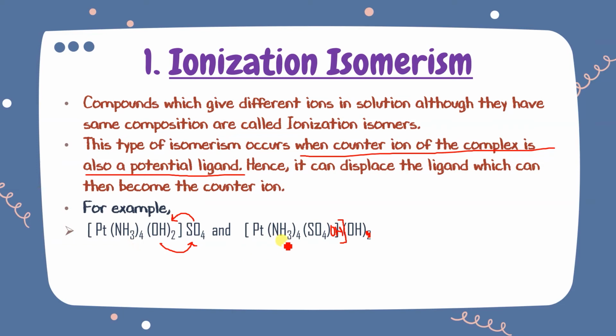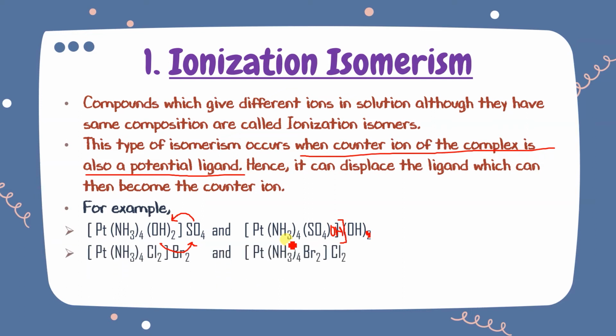The coordination number changed, so it should not be. The coordination number will remain the same. So in this way, only one OH will go outside and one OH will remain inside. So here it is one ligand OH, another ligand, and 4 ligands, so 2, 4, 6. The coordination number has not changed. I hope it is clear.